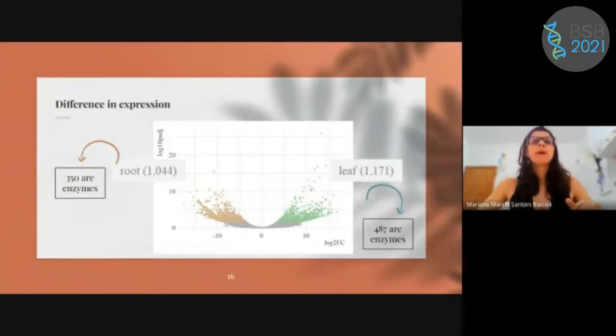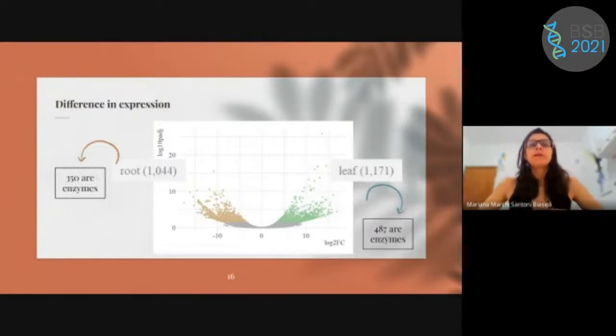And we can find this number of enzymes that have a difference in expression.